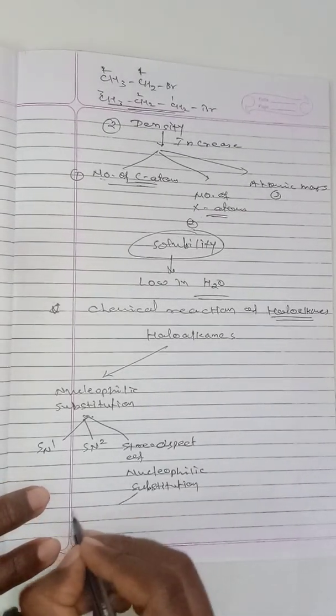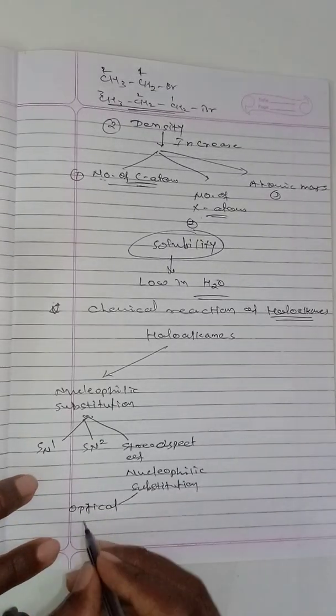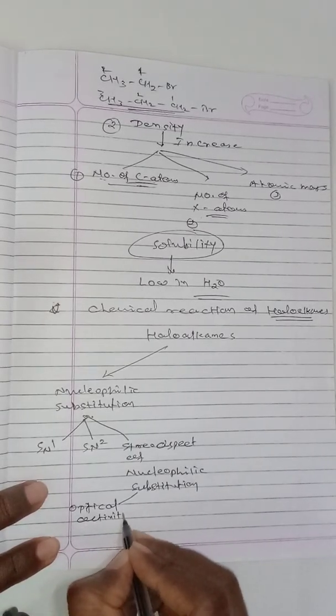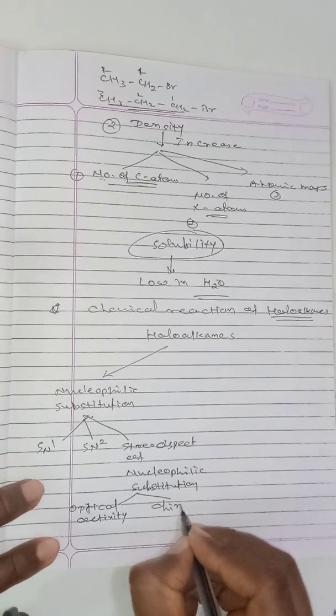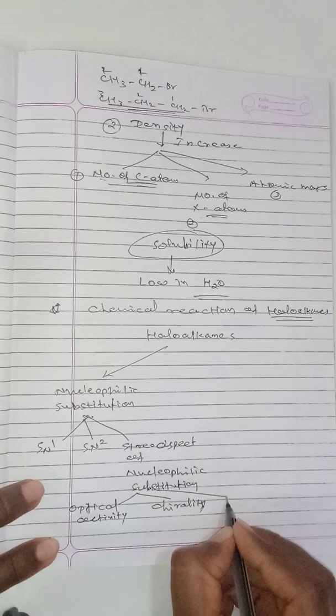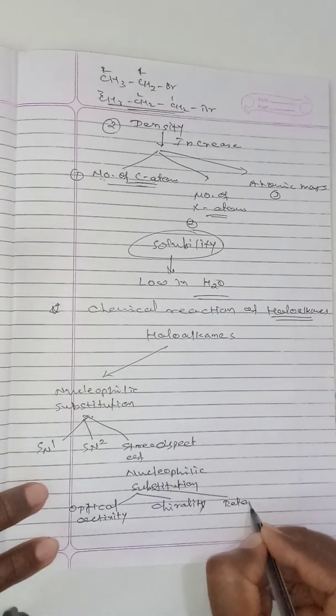Number 1, optical activity. Number 2, chirality. Number 3, retention.